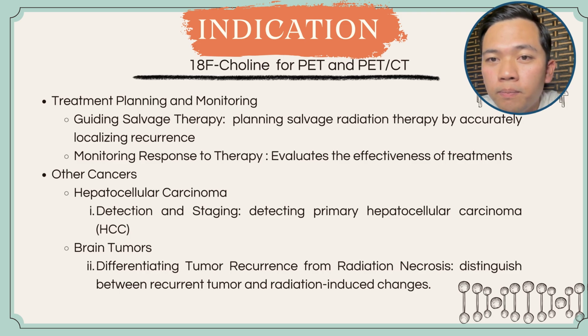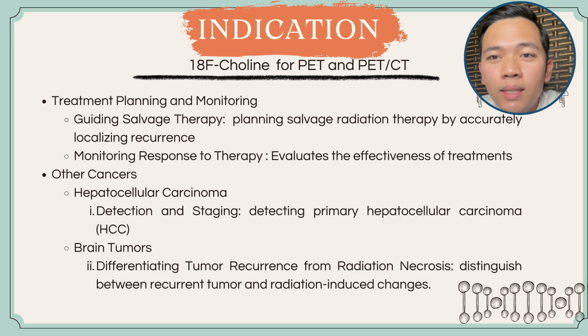The 18F Choline PET CT is instrumental in planning salvage radiation therapy for prostate cancer. By accurately localizing recurrent disease, it helps in targeting the radiation precisely, which can improve the effectiveness of the therapy and minimize damage to surrounding healthy tissue.